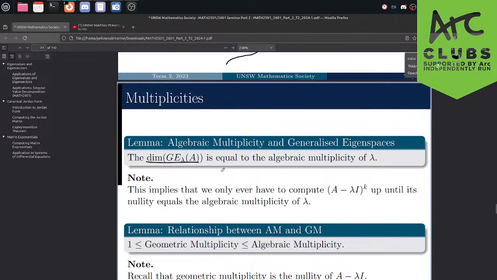So the dimension of the generalized eigenspace is equal to the algebraic multiplicity. That means that if you take the direct sum of all of your eigenspaces, not matrices, this is a different direct sum, the direct sum of one eigenvalue's space and then another eigenvalue's, say mu, and you do that for every single eigenvalue, something like this.